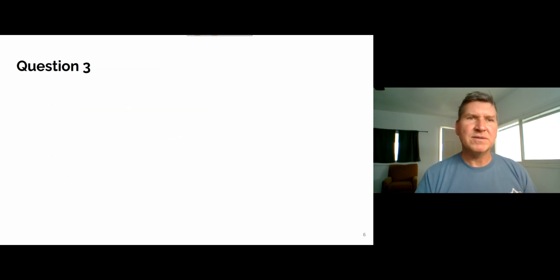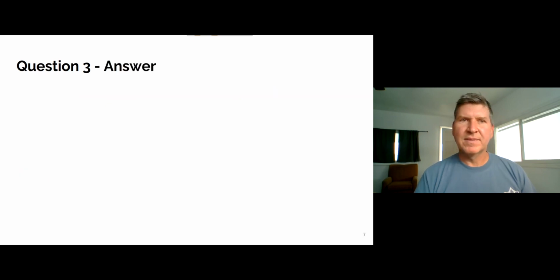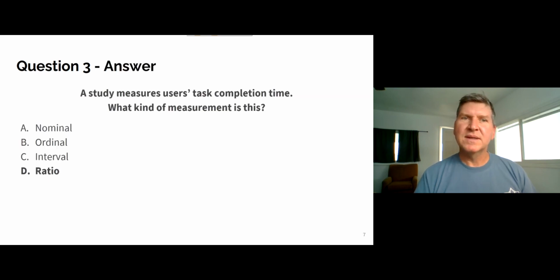Now the third question. A study measures users' task completion time. What kind of measurement is this? The answer is ratio. Remember, ratio requires there to be a true zero or an absolute zero. And because we're talking about elapsed time, it is possible to have an absolute zero.